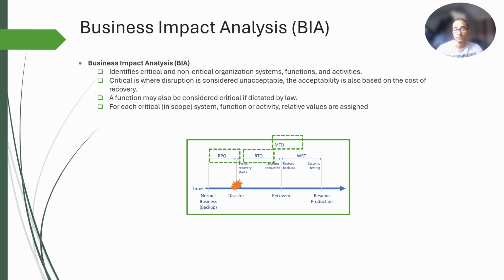A function, for example, may also be considered critical by virtue of the law. For example, instant payment systems, which is widely used across financial organization, which is also widely used by the consumers of the financial product, is considered by law a critical service.